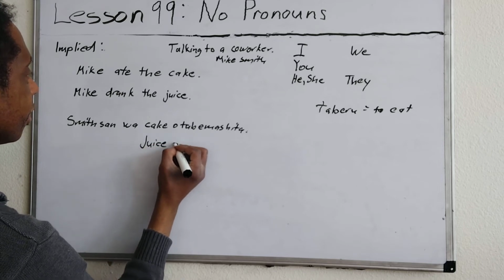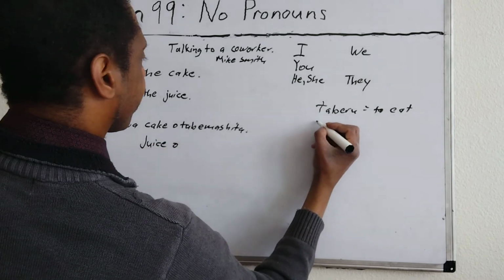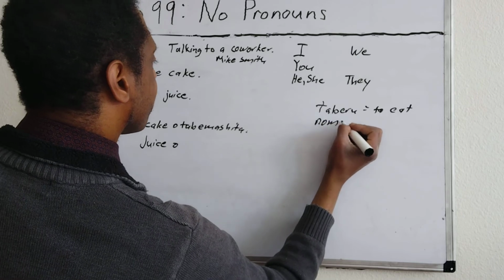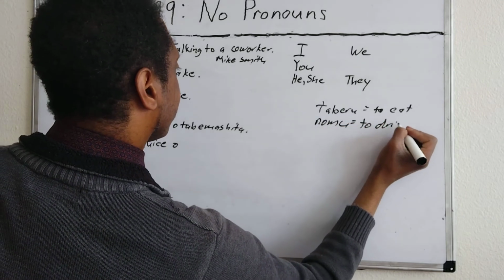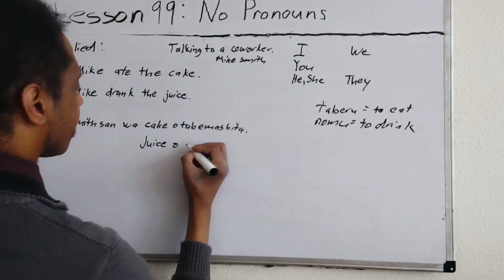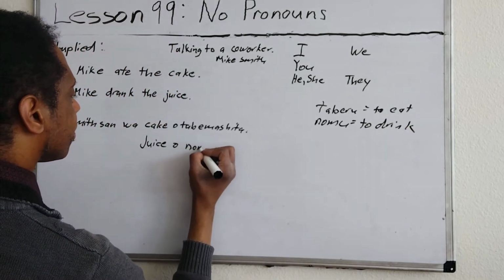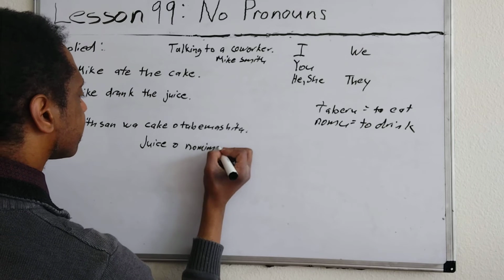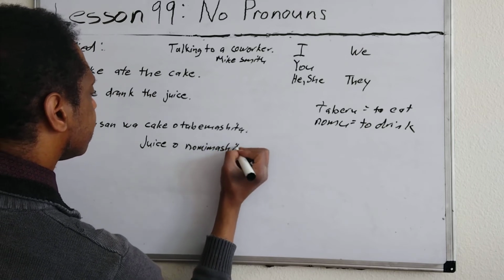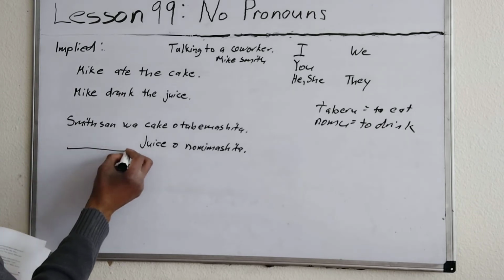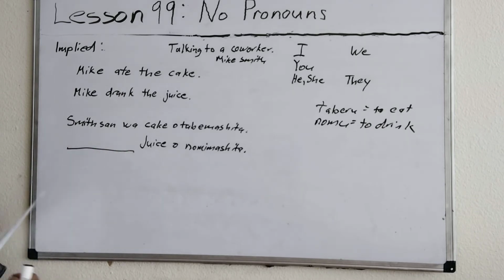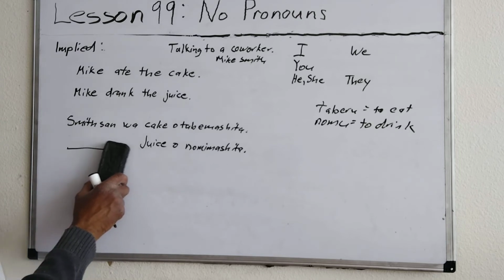Then for the second sentence, you would simply say, juice o nomimashita. Oh, I forgot, nomu means to drink. Okay, juice o nomimashita. Now this time we didn't include anything here. Why? Because we already know who we're talking about, right?